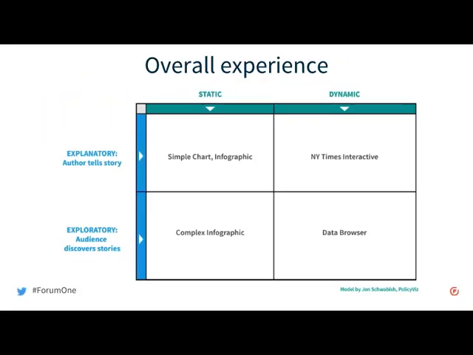Next, we get to the overall experience that you're trying to have with your data product. This 2x2 matrix, done by a guy named John Schwabish, is a really useful way for thinking about this at a high level. On one hand, are you trying to do something static, just an image or something that's going to go in a print product and just sit there, and the user's going to look at it?